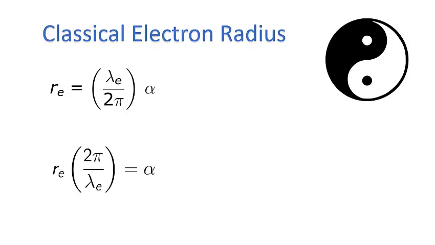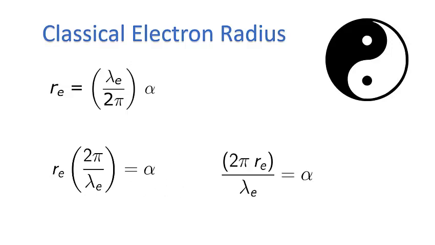So what I'm going to do here is solve for the fine structure constant. The way you do that is you multiply both sides by the inverse of this term here, so you put 2 pi over the Compton wavelength on this side. And so then you have alpha on its own.